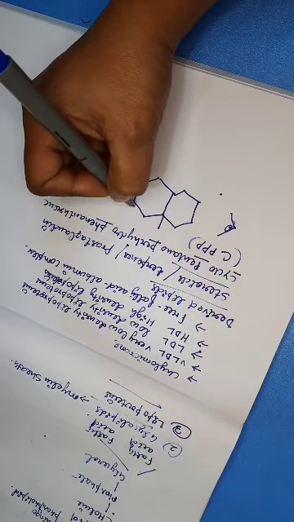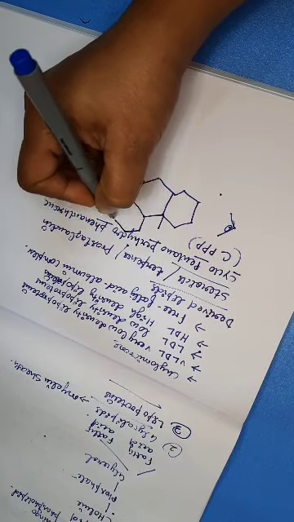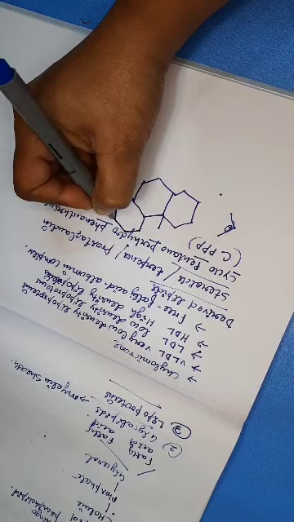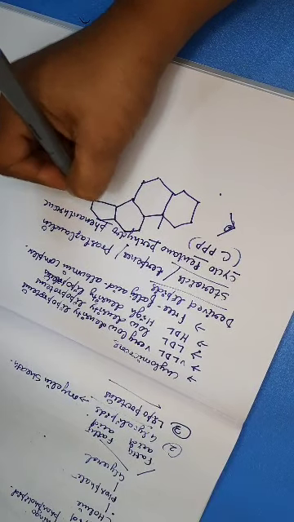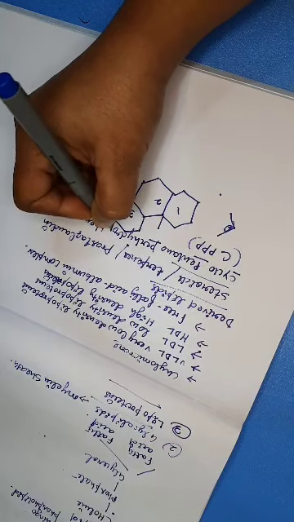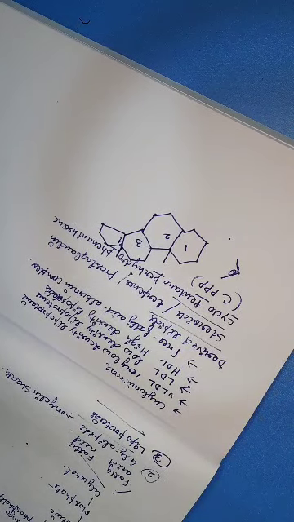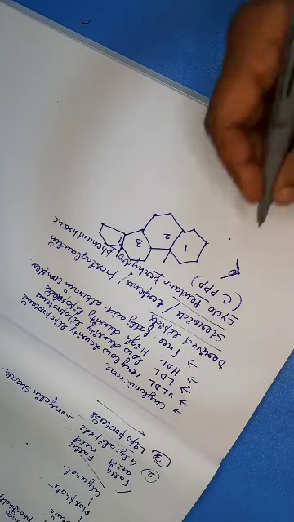Then another hexagonal ring which will be attached to this area, and the last one will be a pentagonal ring. This is 1 2 3 4, and here also there will be a side chain substitution. But let me write it down a little bit more in detail so that you don't get confused, right? So for cholesterol, let me write the structure.